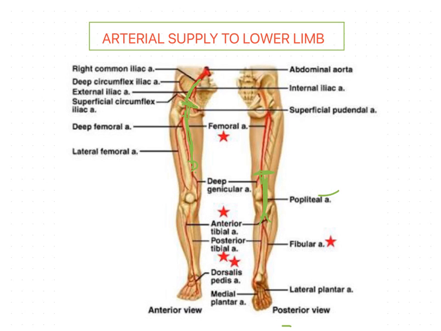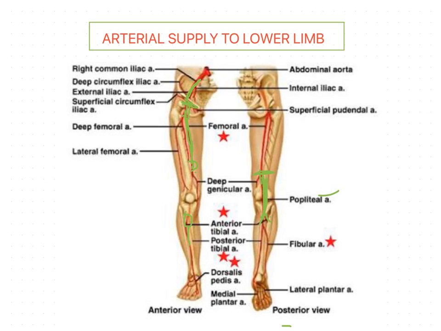This anterior tibial artery will come again to the anterior aspect over the interosseous membrane of the tibiofibular joint, below the proximal tibiofibular joint. From that space, it comes to the anterior aspect.